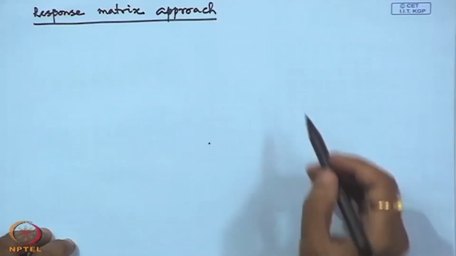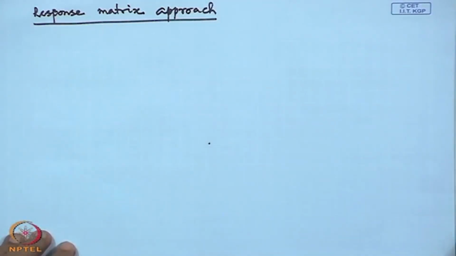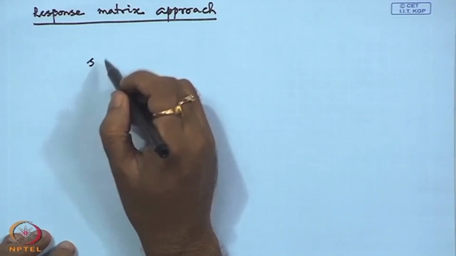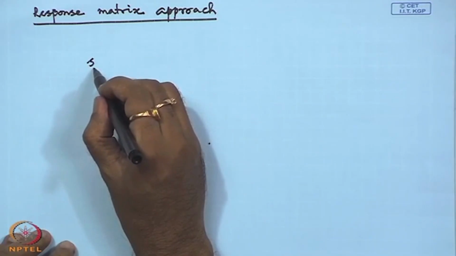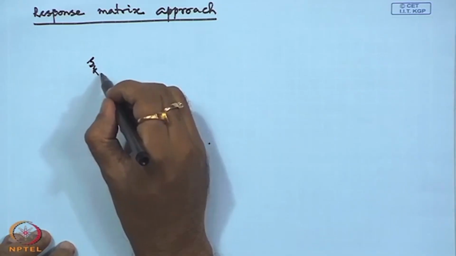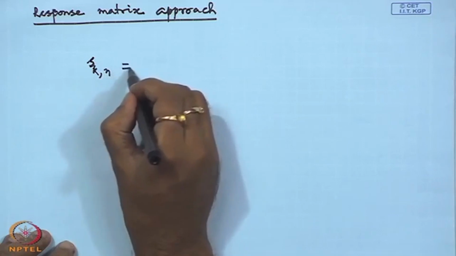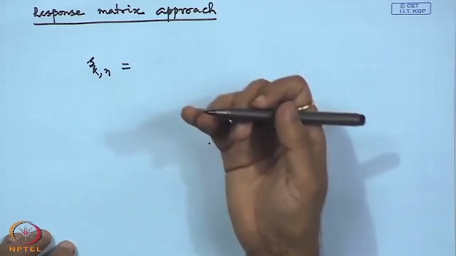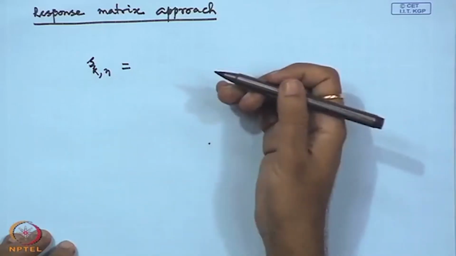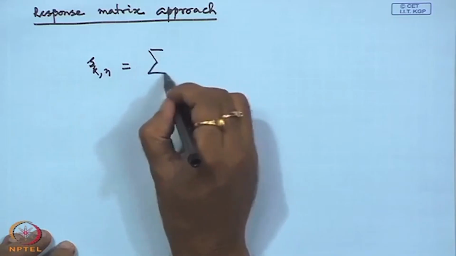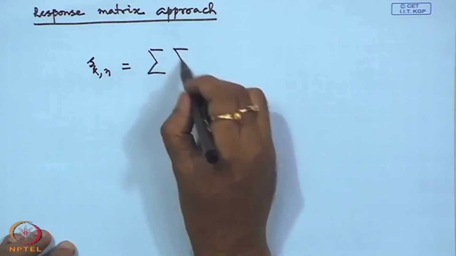In this response matrix approach, let us say the drawdown S for any location k, n, where k is the spatial location or cell, and n is the end of the nth time period, can be written in terms of this expression.